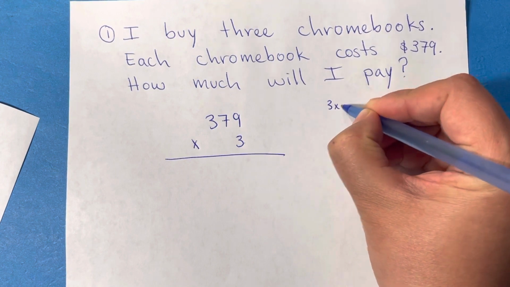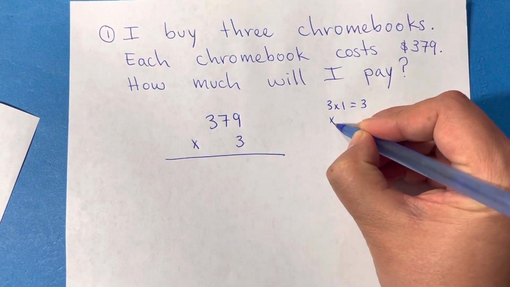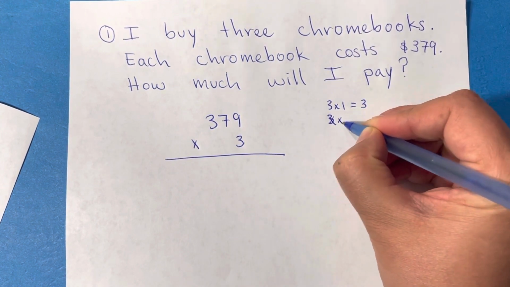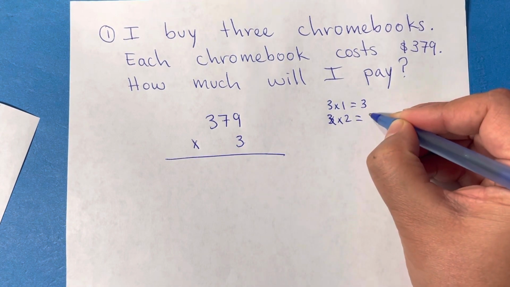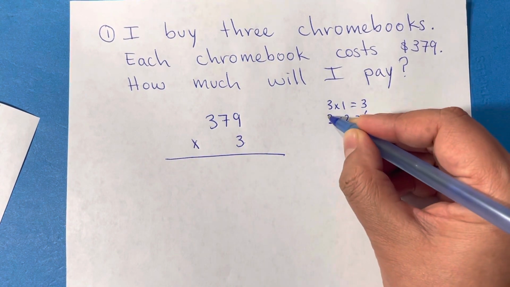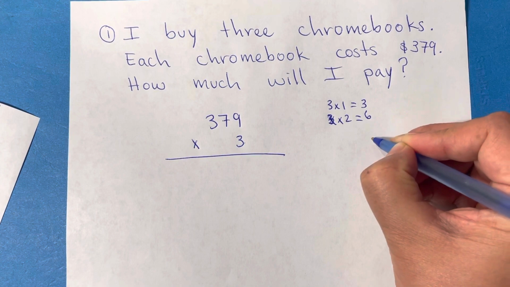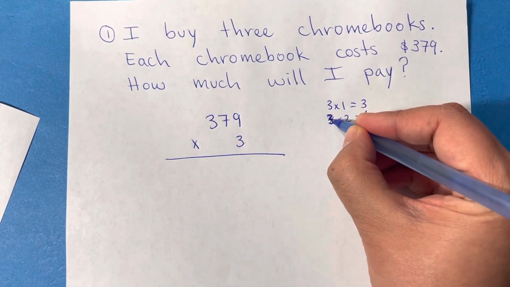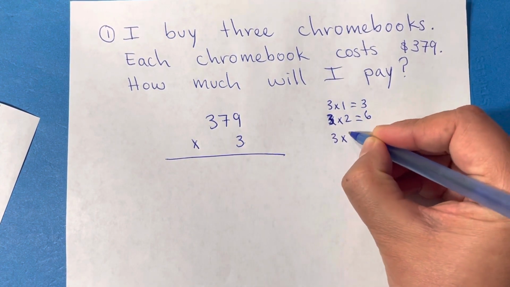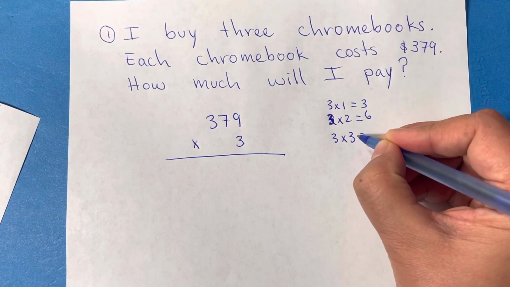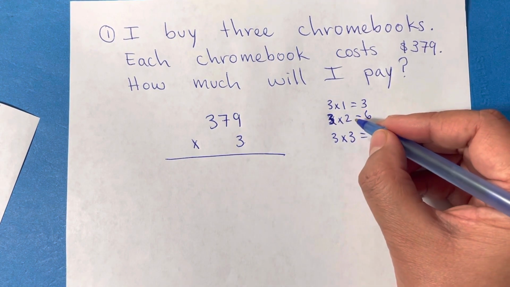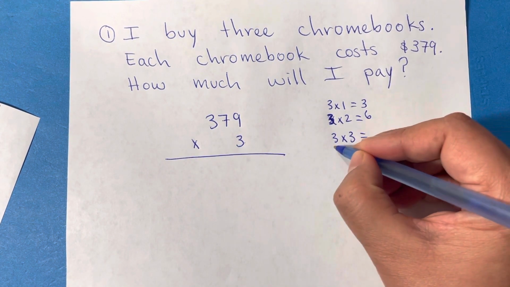So 3 times 1 is 3. 3 times 2 is, well, 3 more, which is 6. You just keep adding 3, 3, 3. It's just repeated addition. Okay, 3 times 3, it just means 1 more 3. Instead of having 2 3s, you now have 1 more of those.